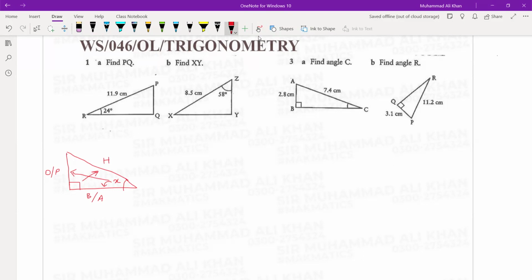So according to this, we have 3 ratios. The first ratio is the ratio of sine. Sine x equals to opposite over hypotenuse.